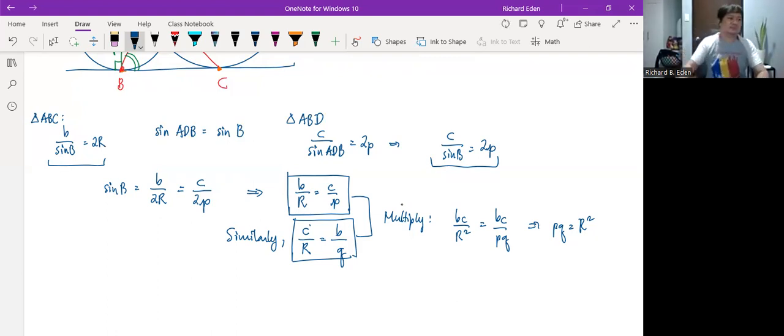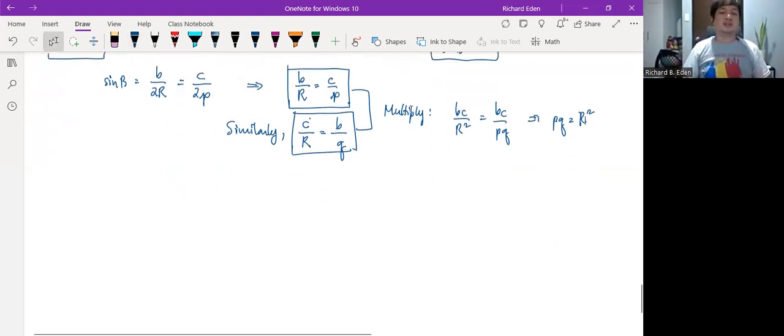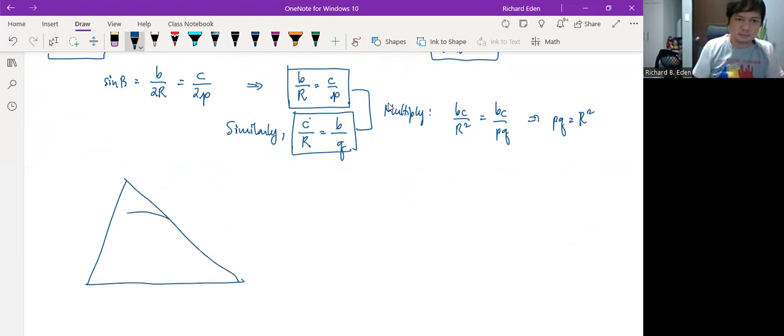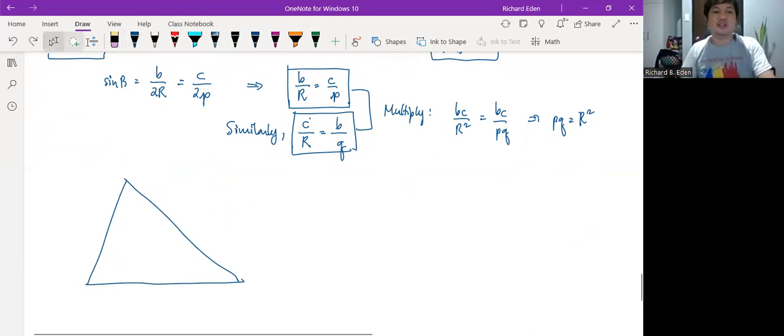Okay. Let's talk more about the incircle of a triangle. So there are already some properties that we know of. So for example, this triangle. Again, I should start with the circle now.